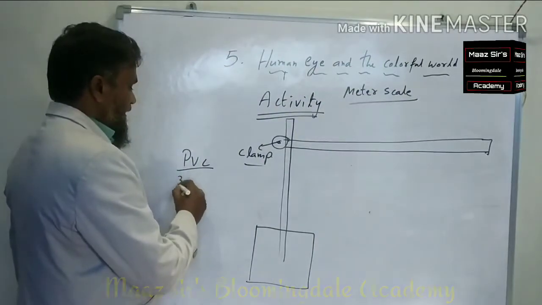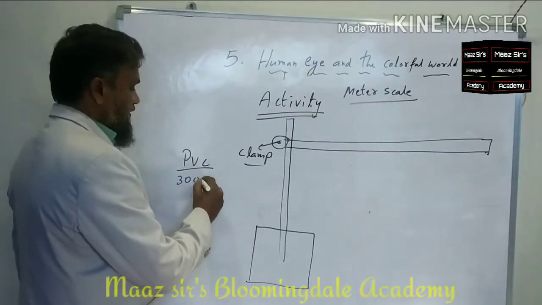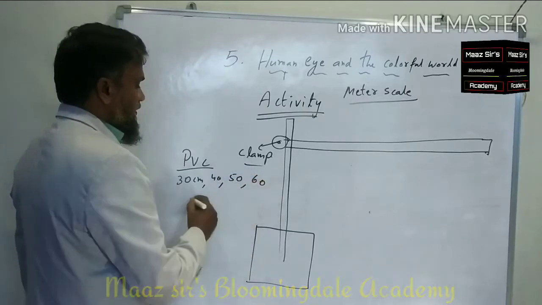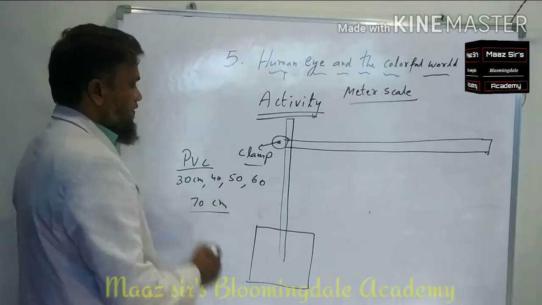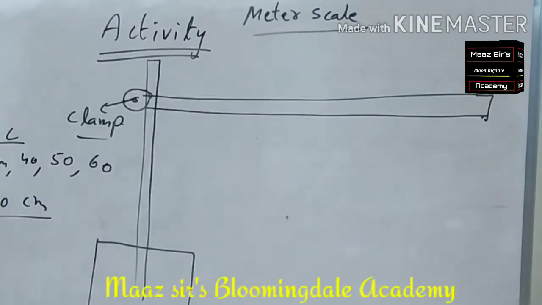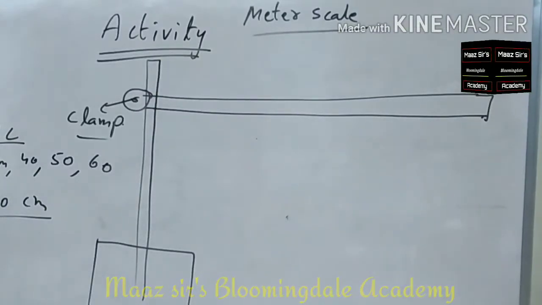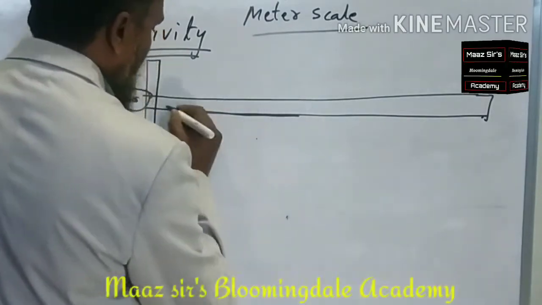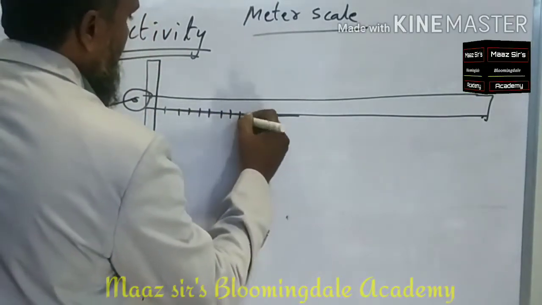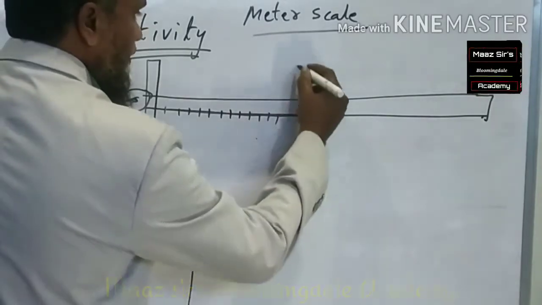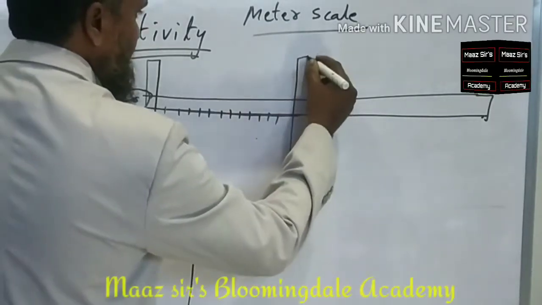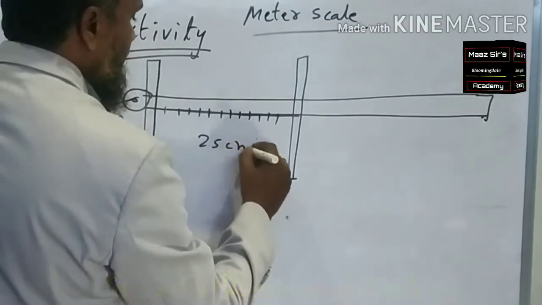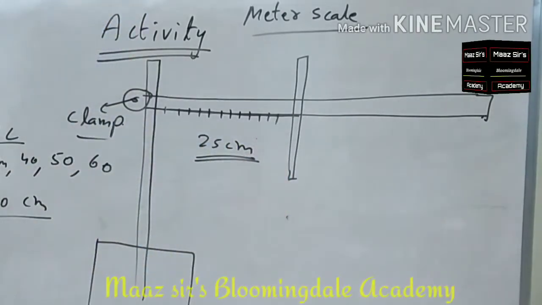You take PVC pipes of different lengths, 30 centimeter, 40 centimeter, 50, 60, 70 centimeter. So now what you do, now you take a measurement on this meter scale. Now you place this PVC pipe at a distance of 25 centimeter.